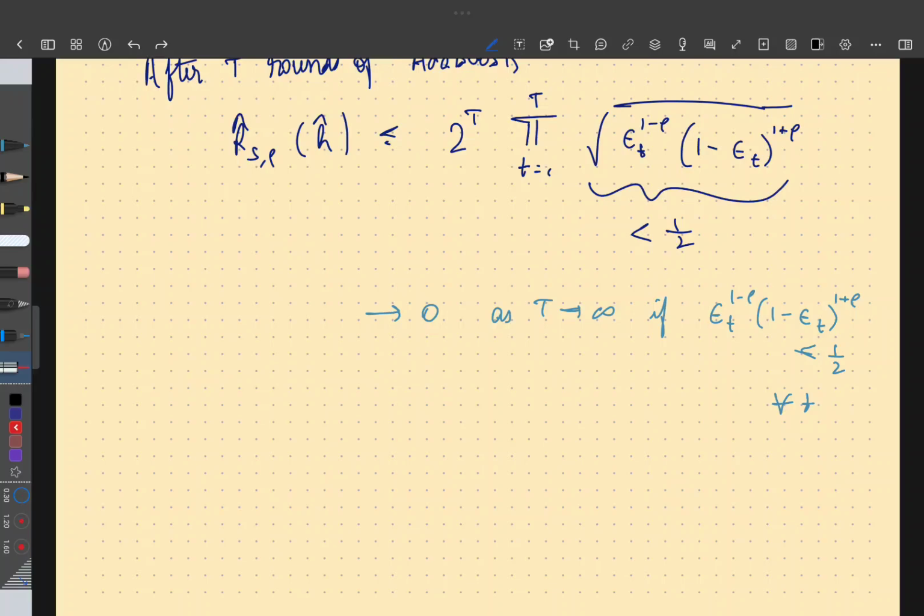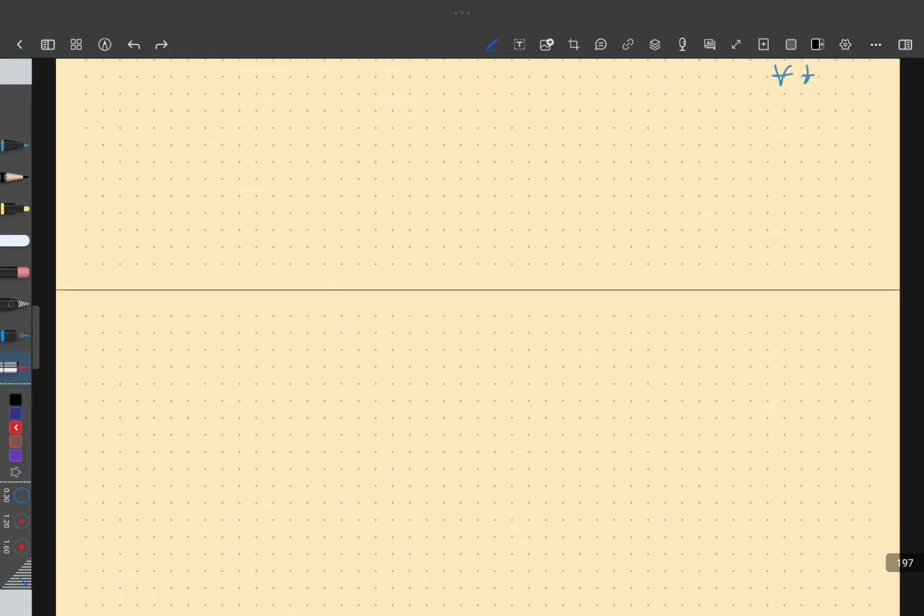So let's take a different viewpoint for AdaBoost that allows several generalizations.